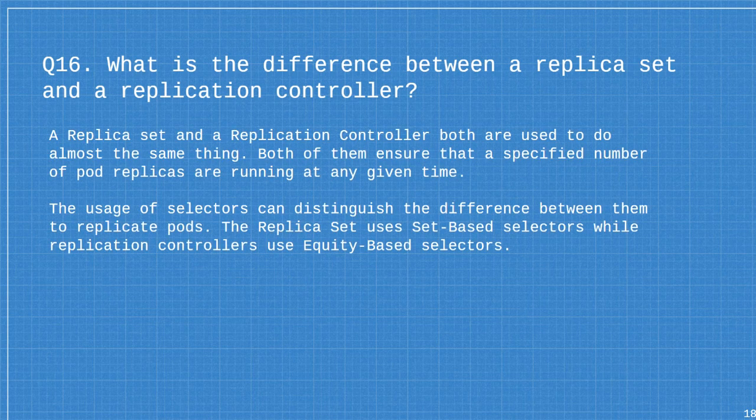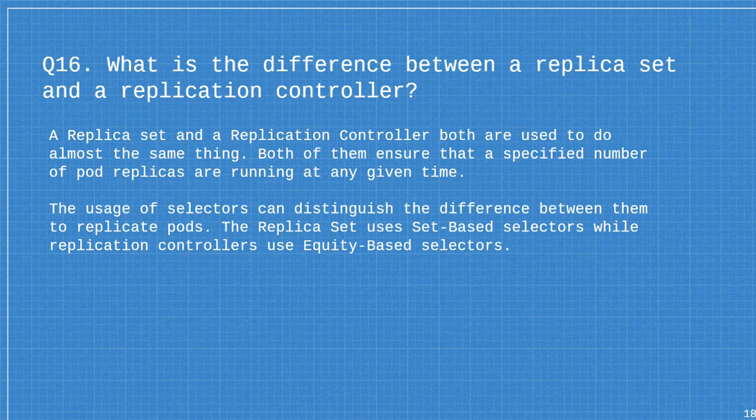Actually, when we have to do equity-based selection, we use the replica controller. But if we have to use a set-based selector, then we have to choose the replica set.